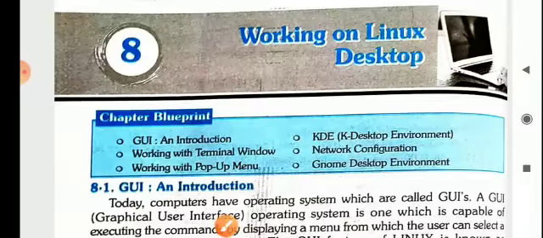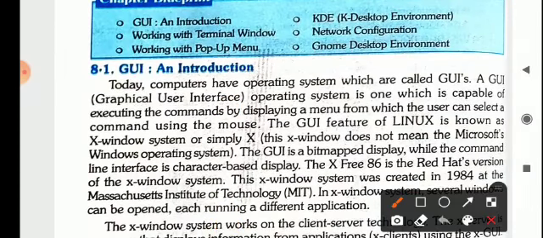Before that, let's again get into detail what is GUI. GUI stands for graphical user interface. Computers, you all know, have operating systems which are called GUI. A GUI, the full form is graphical user interface. It is an operating system in which one is capable of performing all the actions with the help of icons, that is the small pictures that are available.